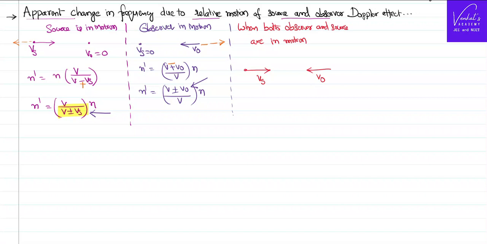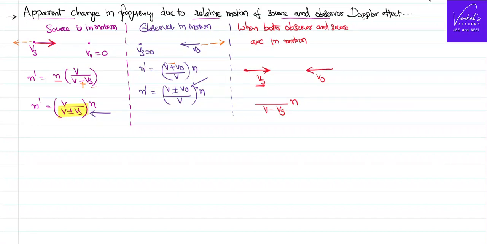Let's consider first what happens when the source is approaching the observer. As I told you earlier, here the source is approaching. So the equation that we have written is in the denominator v minus vs of n, like I have written earlier. Now let's go to the other part.